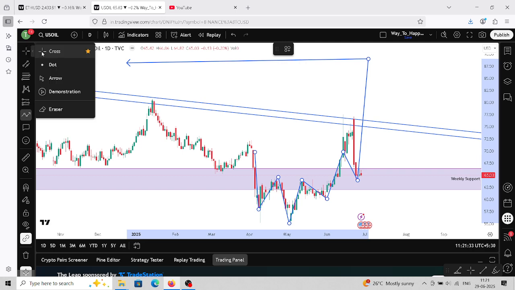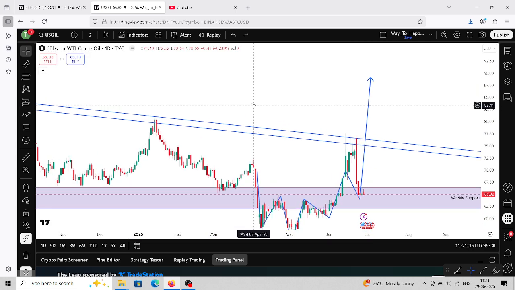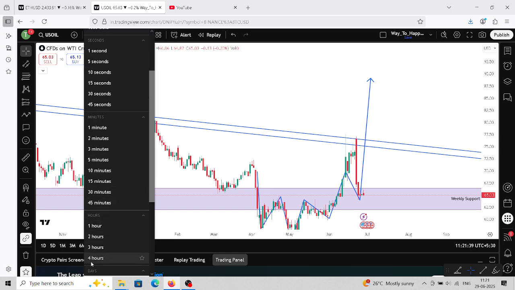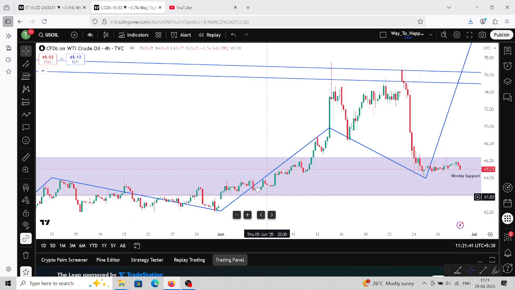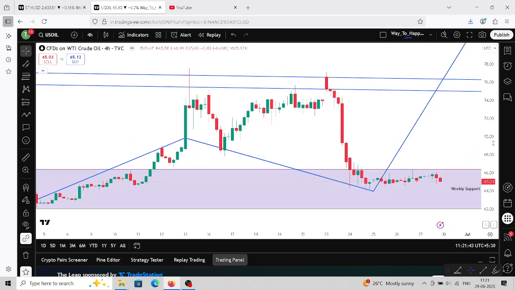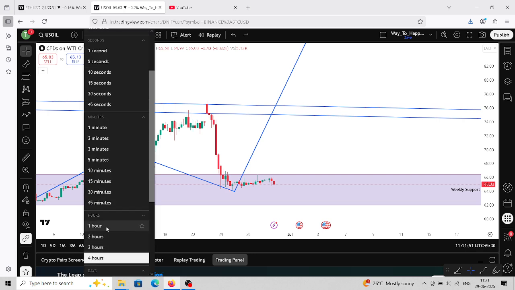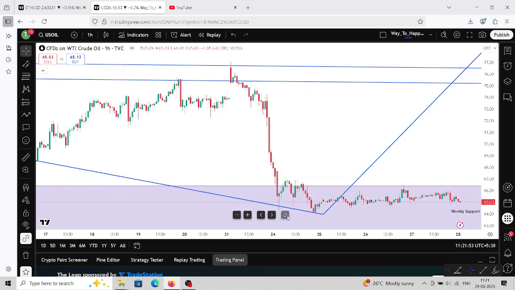So there is a bullish pattern getting created on the downside. Let me take you to the 4 hours. Nothing, absolutely sideways on a weekly support, which is nothing but a daily support as well. On a 1 hour, nothing.